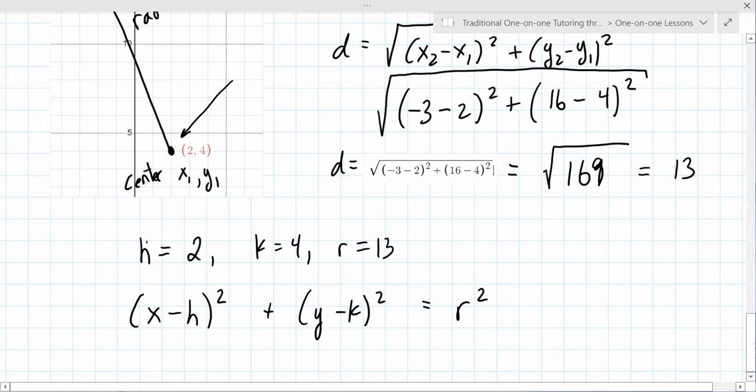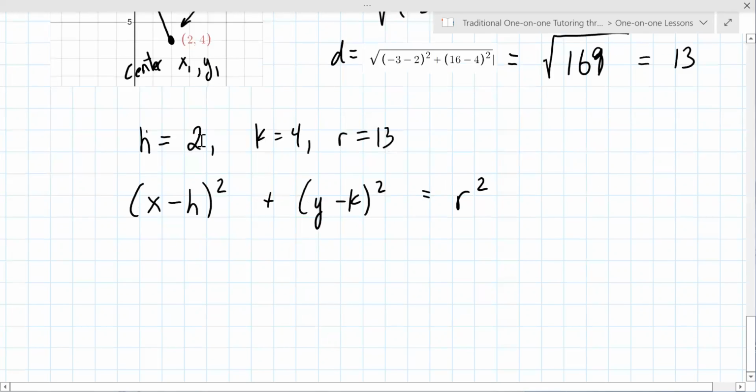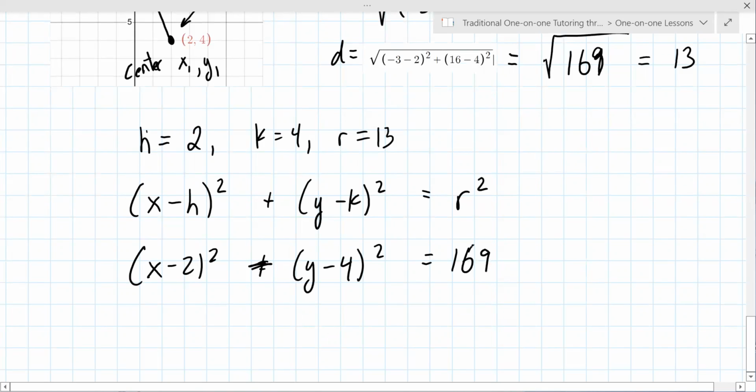Should I write it down? Not only should you write it down, you should substitute the values: 2 in for h and 4 in for k. So x minus 2 squared plus y minus 4 squared equals 13 squared. And it's even better if you can square 13 so that you don't have to write out the equation again twice.